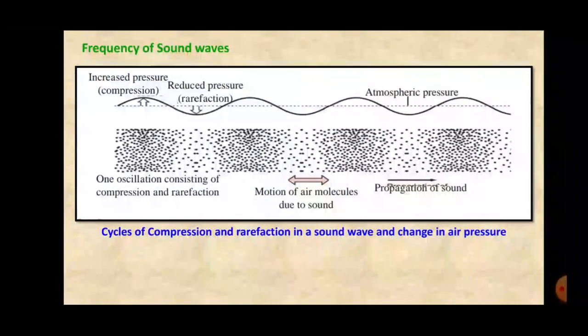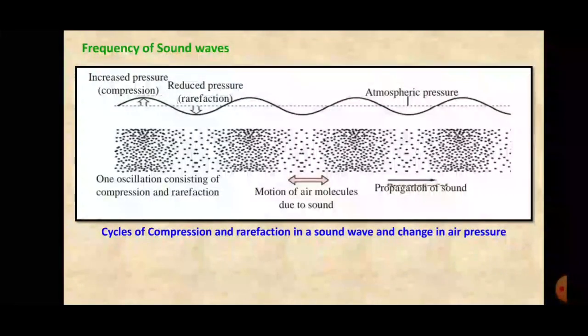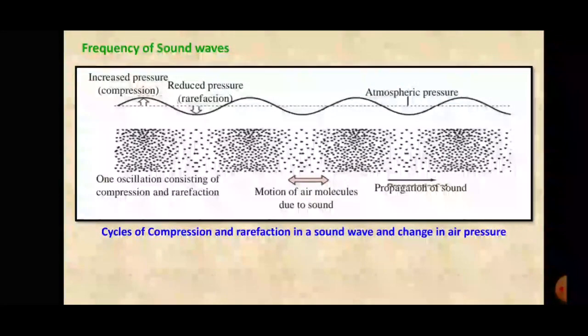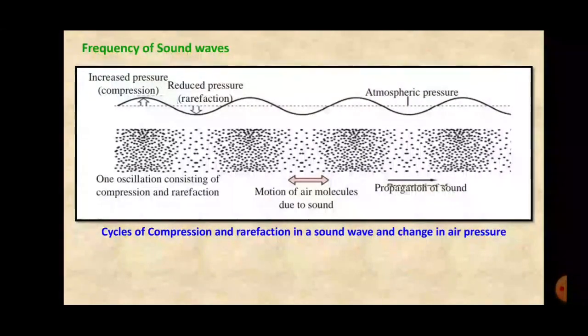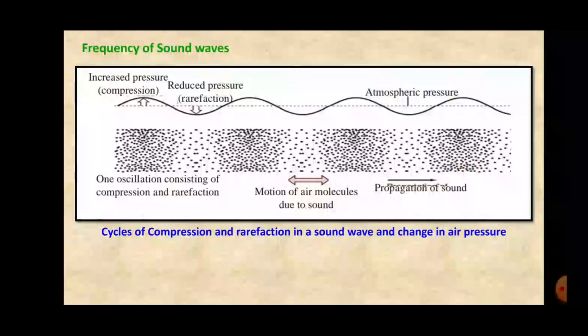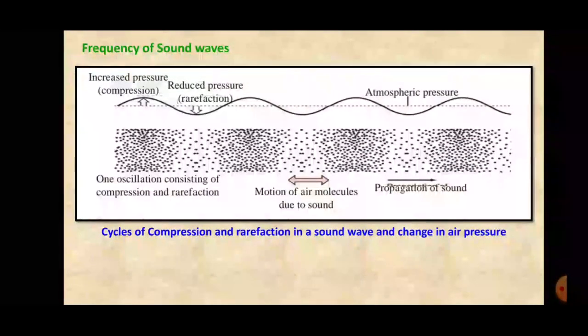Now, whatever cycles are produced in the air in 1 second is called the frequency. Whatever number of compressions and rarefactions, or cycles, are produced in 1 second is called the frequency of the sound wave. And the unit of frequency is hertz. It is measured in hertz.